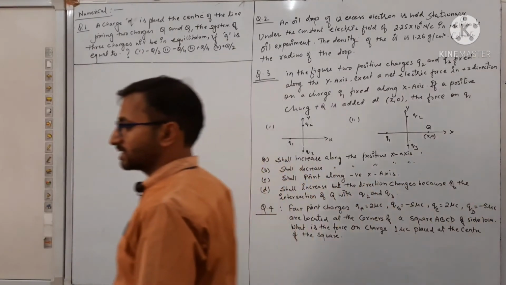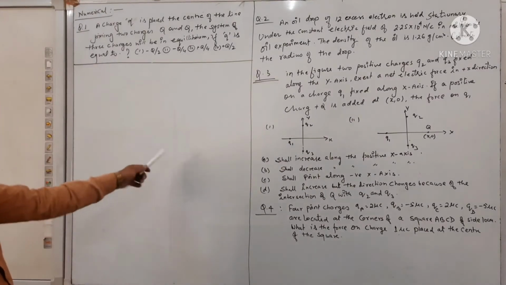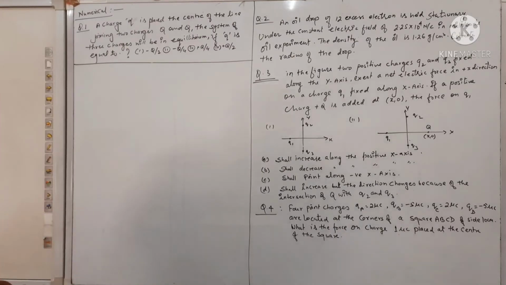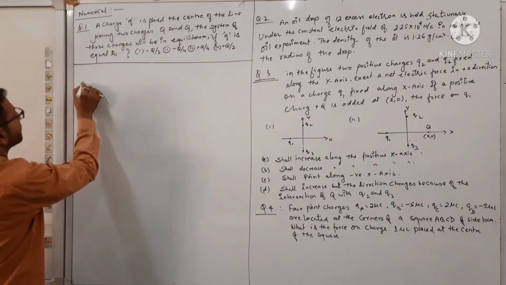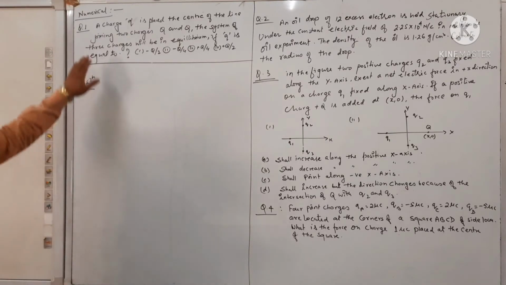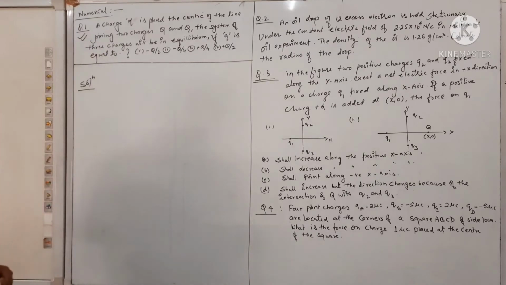Now student, you can see I have written 4 questions, 4 numericals based on the previous topics, and we will solve them one by one. First, I am solving the first question, which is here in front of you. First read the question.